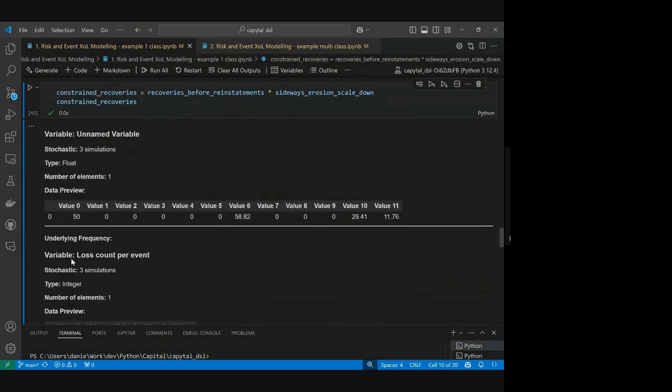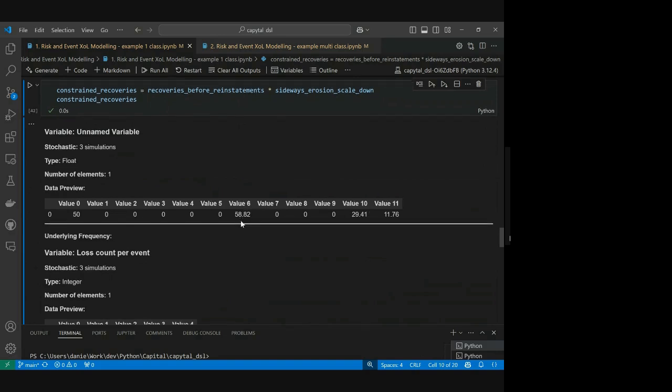So now we can see that our first recovery hasn't been affected. These other recoveries have been scaled down. This one on its own would have naturally been 100 before, and that's been scaled down to this near 60 because of that scale factor we've calculated, and the same for the other losses. So that in aggregate, these should add up to the 100 available limit.